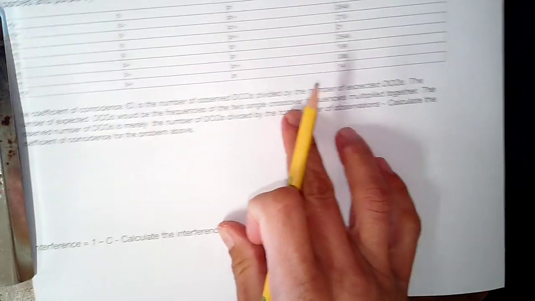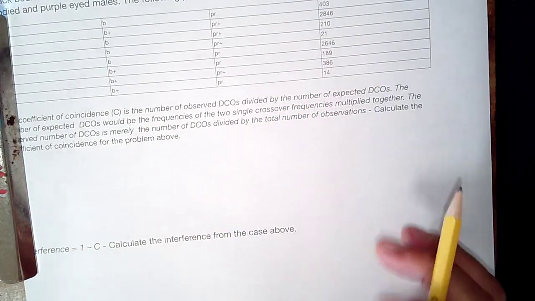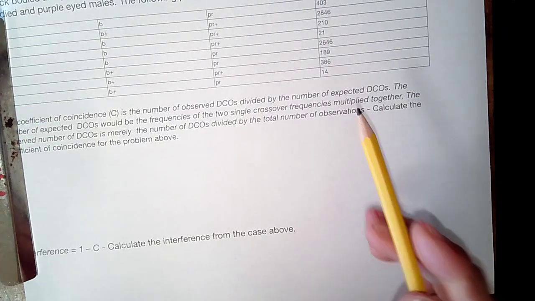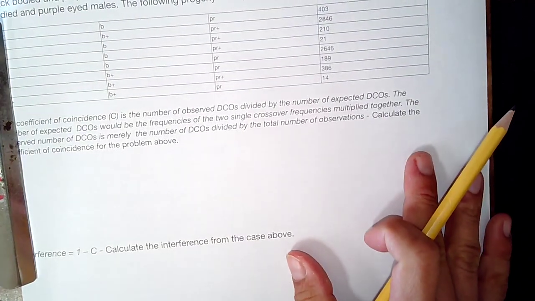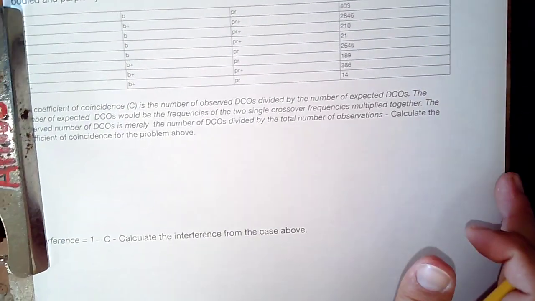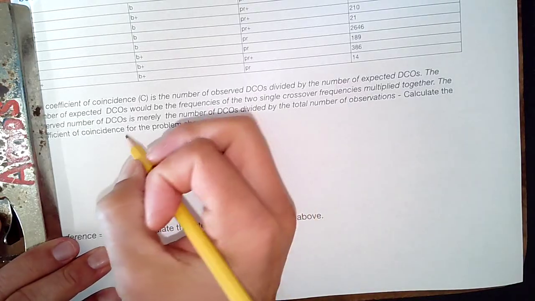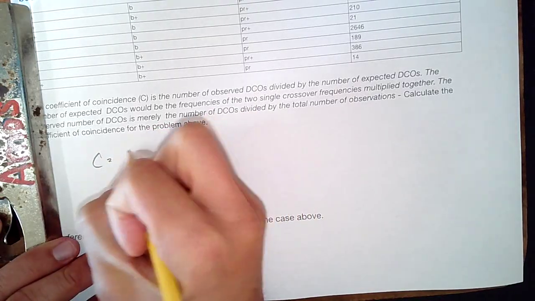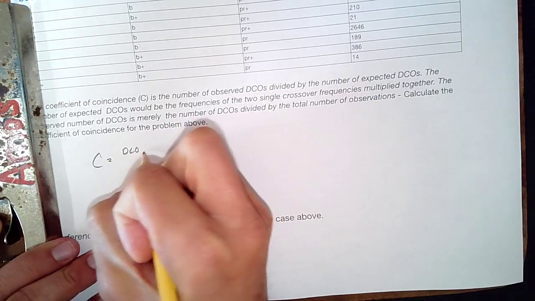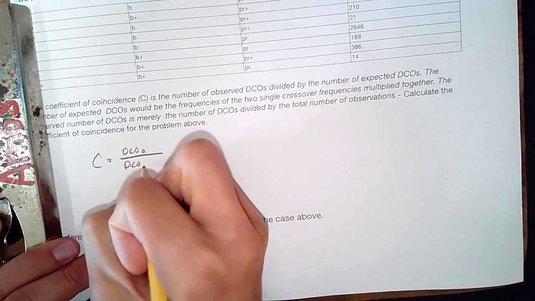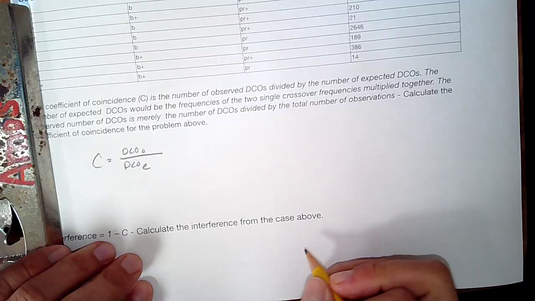The next part of the question, the next thing we could potentially calculate, is the coefficient of coincidence. Everybody teaches this in different ways. I don't really require people to memorize formulas. I don't see the purpose in doing that. And so I'll tell you what the formula is. In order to get your coefficient of coincidence, C is going to equal your observed double crossover events divided by your expected double crossover events.